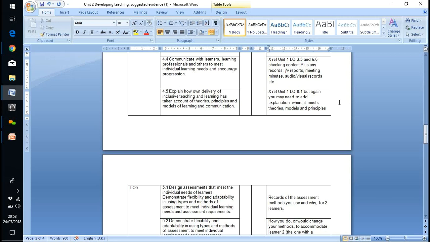Where you discuss it with whoever it is, whether you've got a quality person that deals with that, or a team leader, or anyone who would have an interest in that particular circumstance for those learners. Again, it cross-references fairly clearly to Unit 1, LO 3.5 and 6.6. Checking the content, plus any records, IB reports, meeting minutes, audio visual records, anything of that nature can go in there.